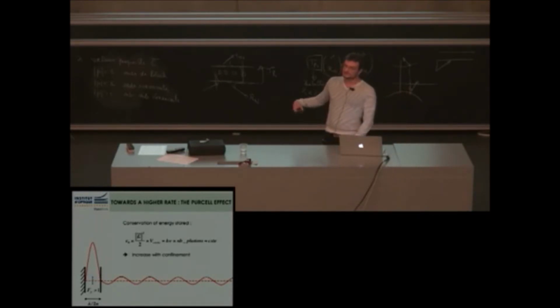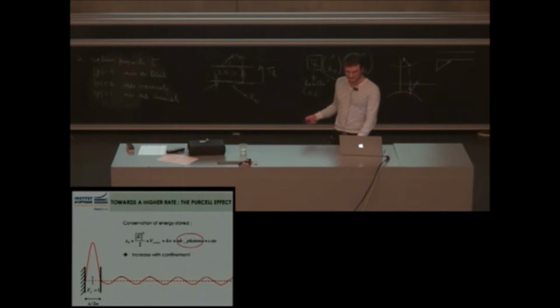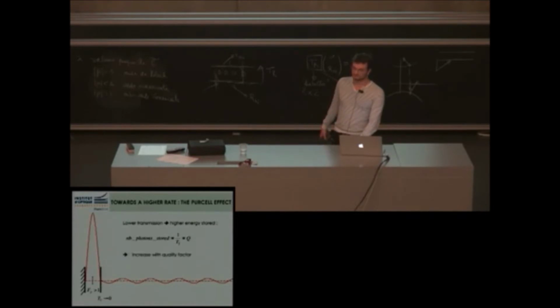And so to further increase the emitted power, one needs to reduce the loss of the cavity, which means also to increase the number of photons stored. And to do so, one needs to decrease the transmission of the second mirror, which also leads to an increase in the quality factor.